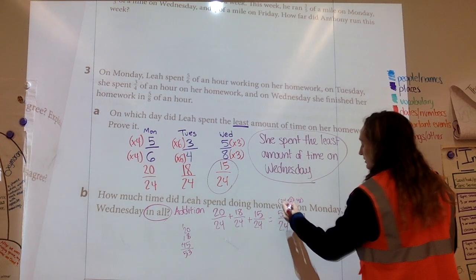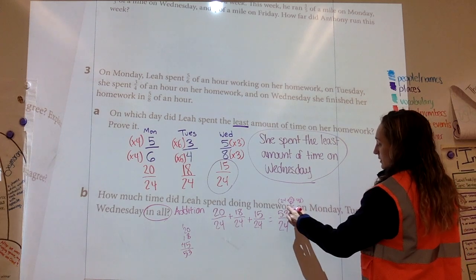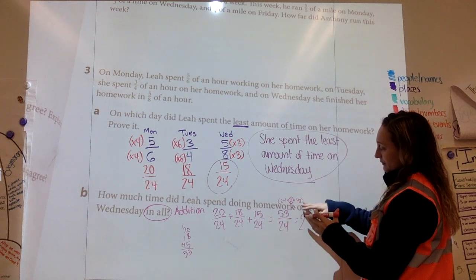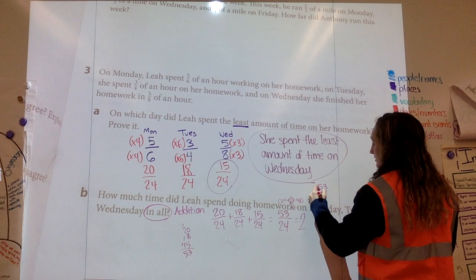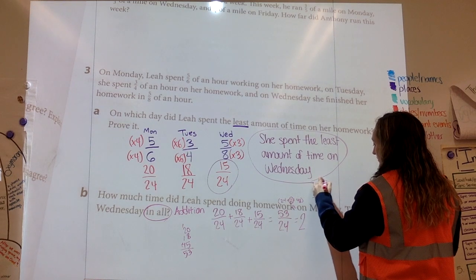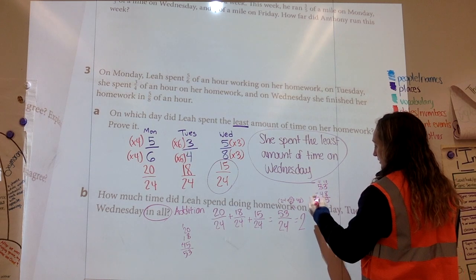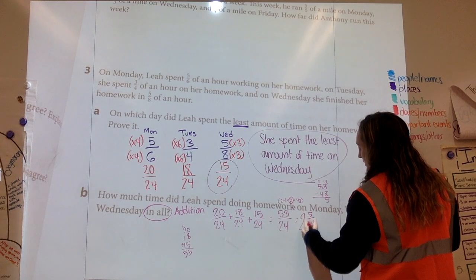Here's my 2 wholes. And then I'm going to do 53 minus 48 because I took out 48. Again, you can do it like this. Nothing wrong with that. Okay, so then I have 5 left over, 5/24 left over.